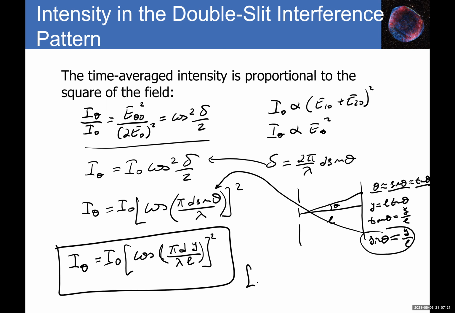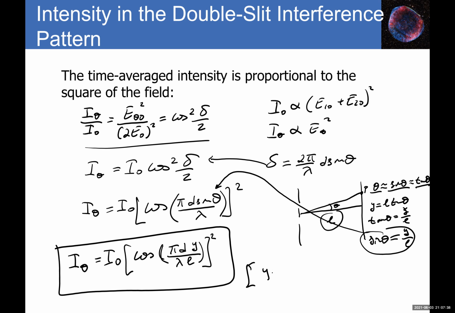I can also say that this is valid when the distance from the slits to the screen, this L, is much greater than the position of P on the screen, the particular point of interest.